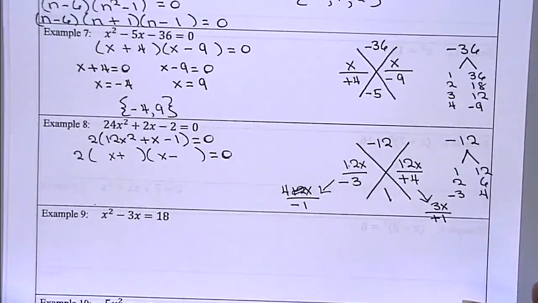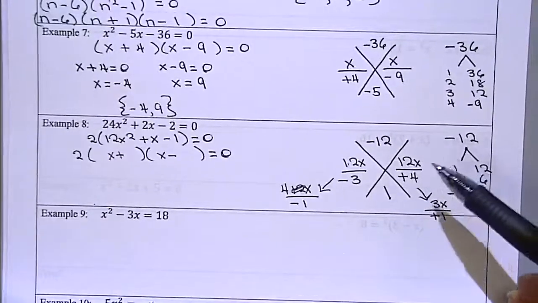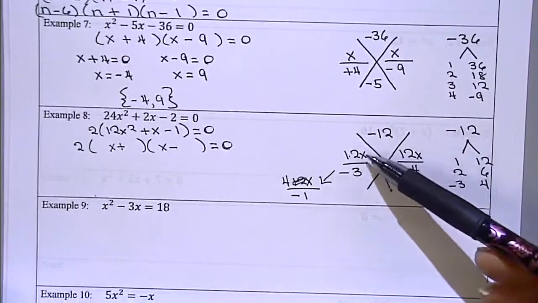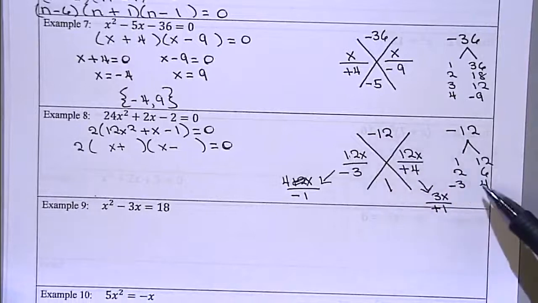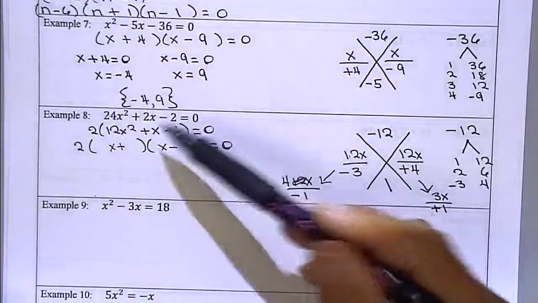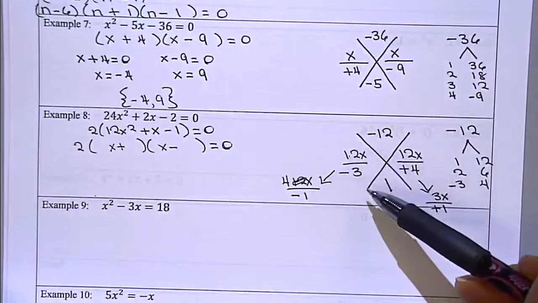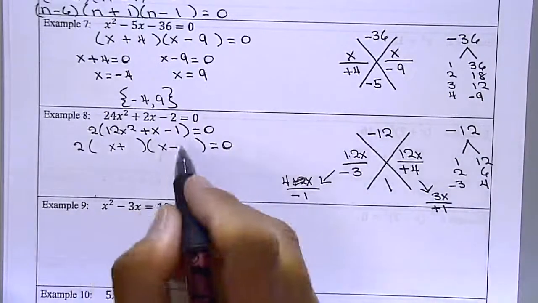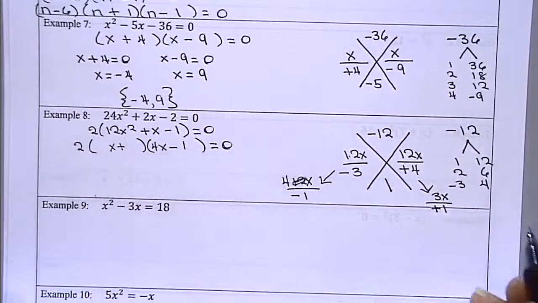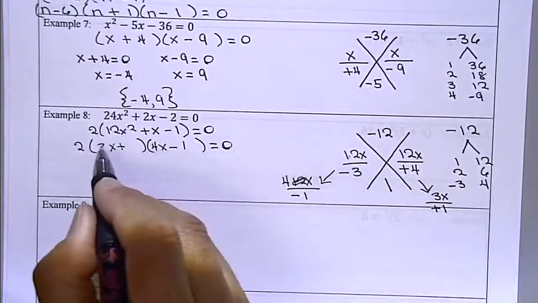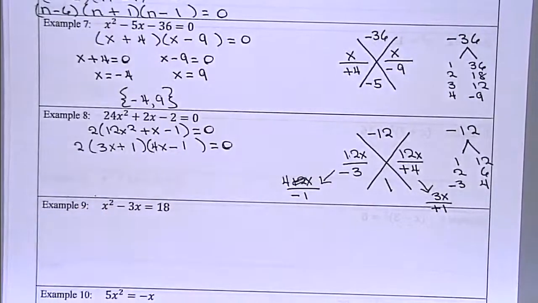Because now I'm looking at my answer and it doesn't look right. Let me start back over here again, because I sometimes think ahead when I'm working and it doesn't make any sense. Yeah, it is supposed to be positive 1. And these are both divided by 3, and that's 4x minus 1. And this is 3x plus 1. Are we good, everybody? Okay. Make a note so I correct my notes.